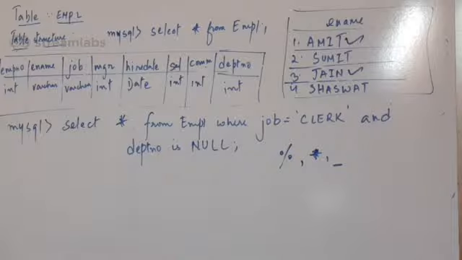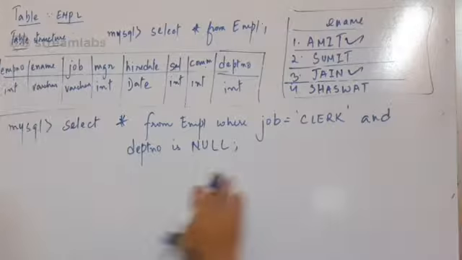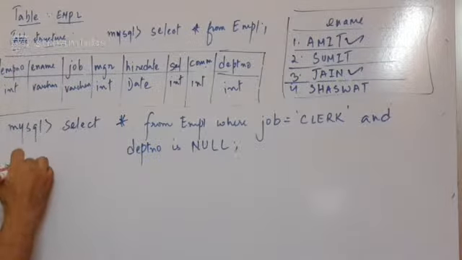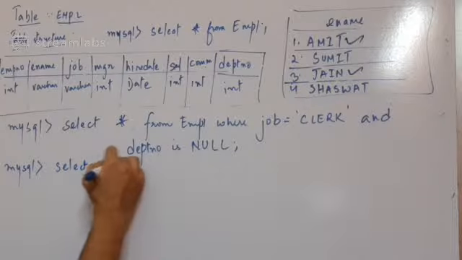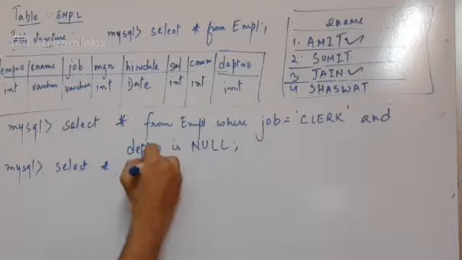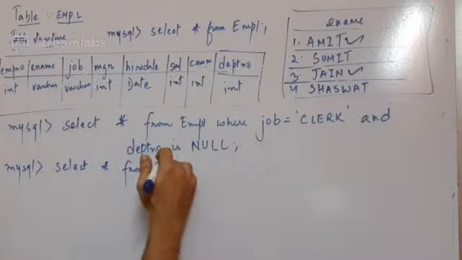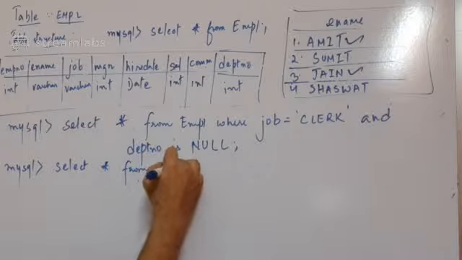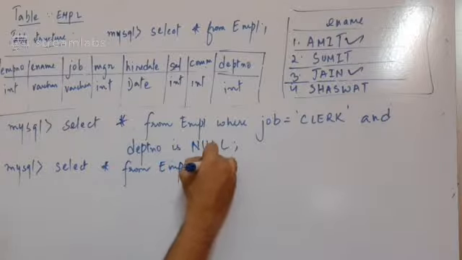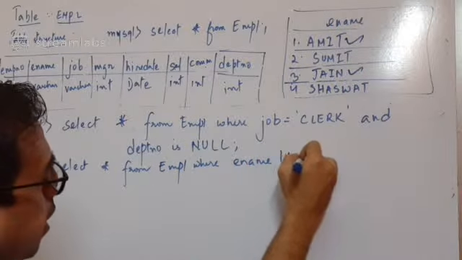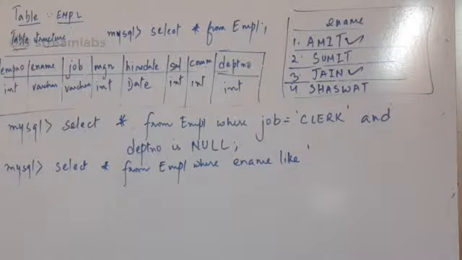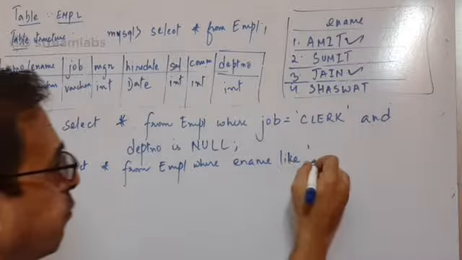Now how will we use it? We need to pull out the details of all those employees whose names have exactly 4 characters. It's very simple. In the MySQL prompt, select asterisk from EMPL where ename like, then in single quotes, give 4 underscores.